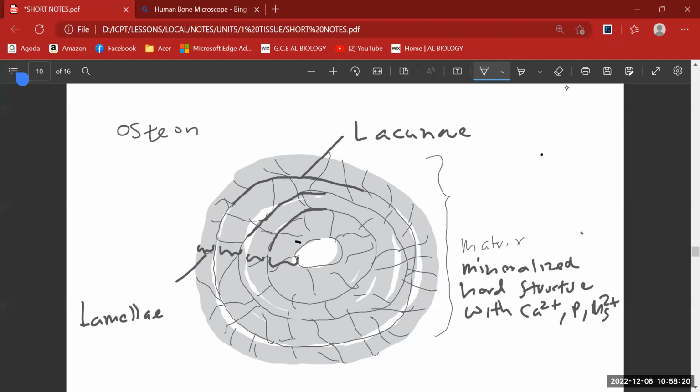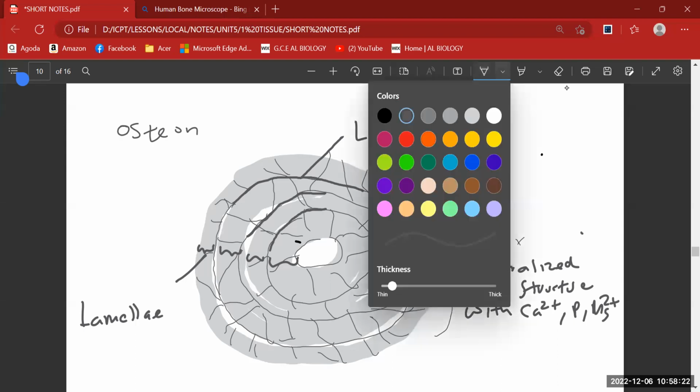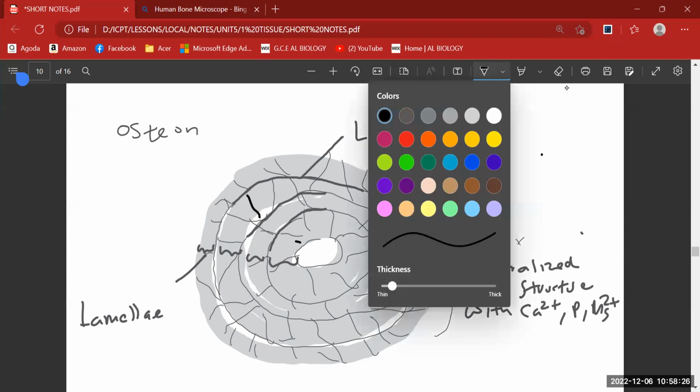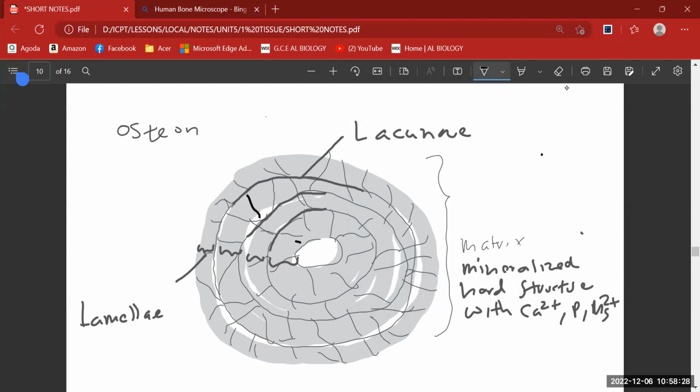And lacunae are connected with tiny lines like this. These are the tiny lines connecting each lamella. For example, if I draw this line here, it connects with this one, connects with this one, connects with this one.